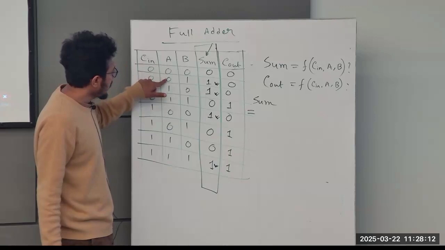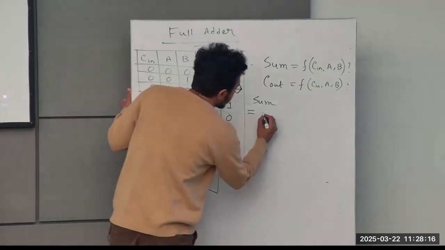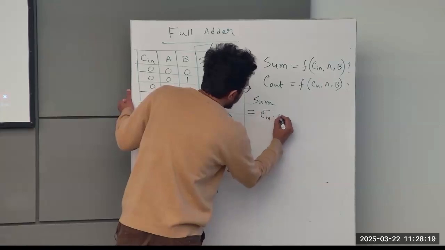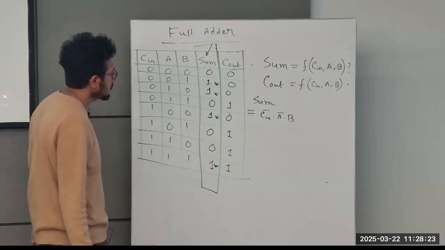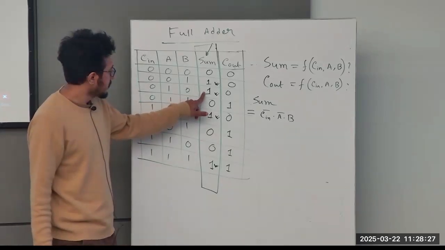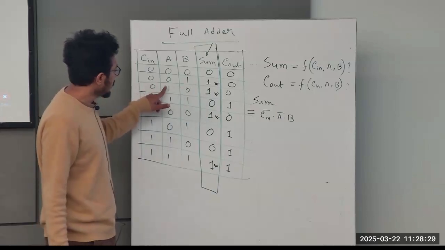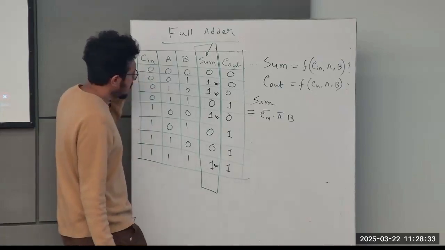C naught, A naught, B. Then the second one, C naught, A B naught.